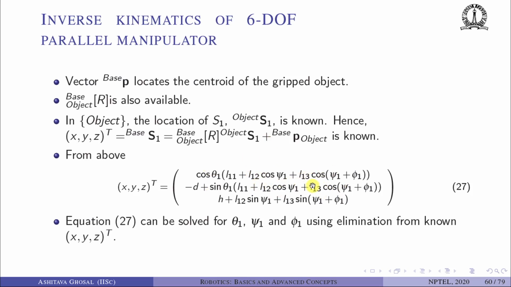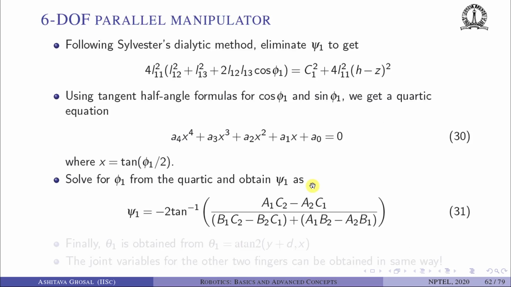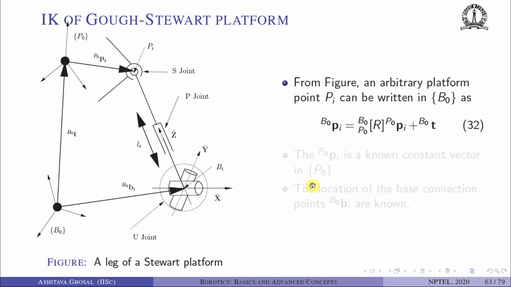So we get atan2 of (y plus d, x), which is what is written here. The joint variables for the other two fingers can be obtained in exactly the same way, in parallel. We solved for the three angles in one finger, and the other three angles in the second finger and the three in the third finger can be obtained in exactly the same way.